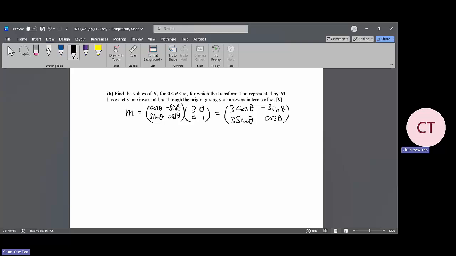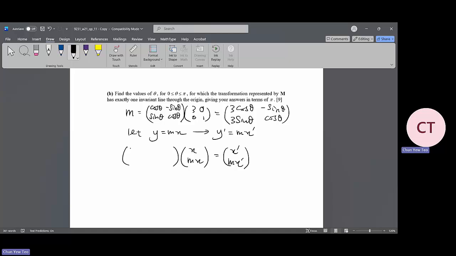Okay, so in order to find the invariant line, we let our invariant line be y equal to mx. Then your image will be y prime equal to m x prime. Okay, so to find the invariant line, just write x, mx equal to x prime, m x prime.